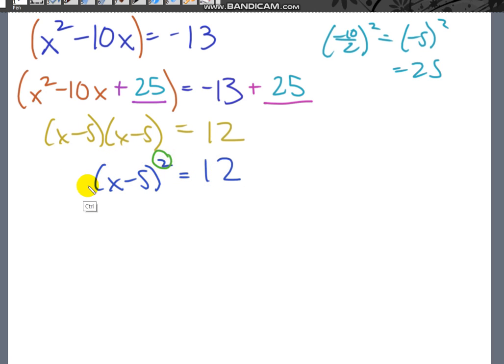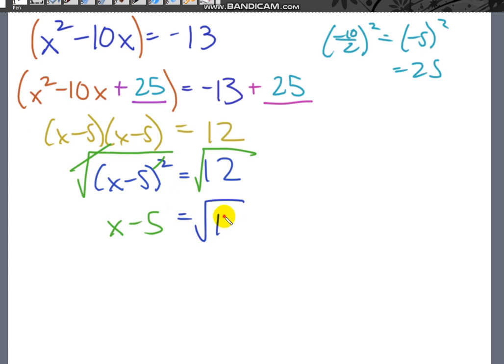Next, we want to get rid of the square, so we're going to take a square root. The square cancels with the square root. We get x minus 5 equals the square root of 12. Now, the square root of 12 can be broken up, right? 12 can be broken up into 4 and 3, and 4 is going to break up into 2 and 2.